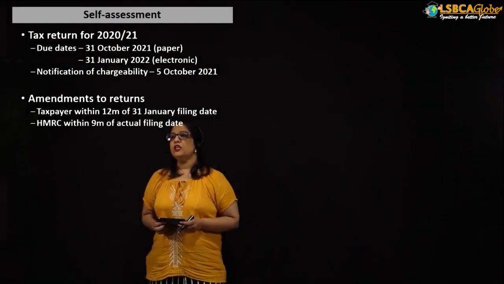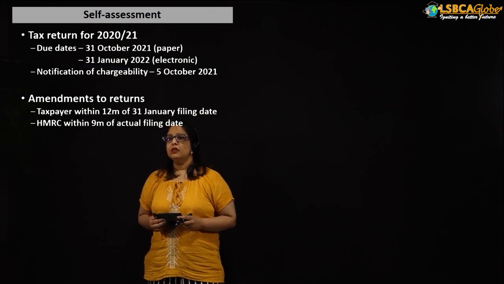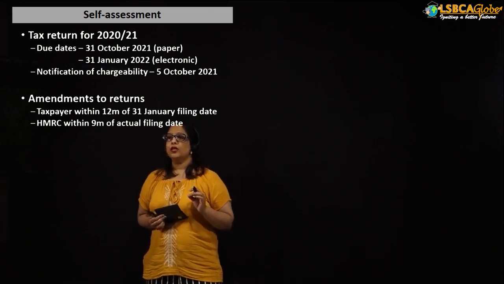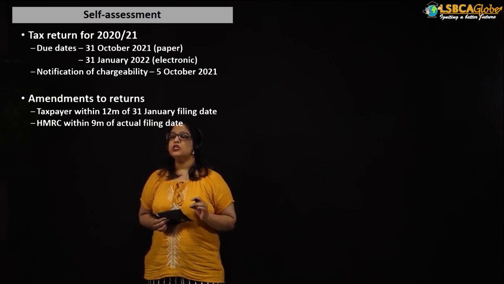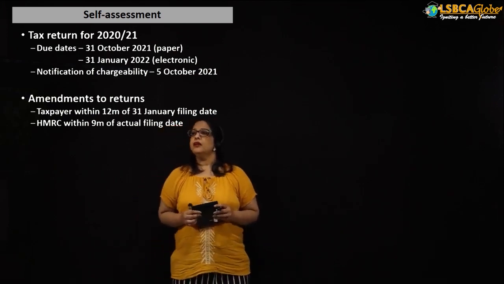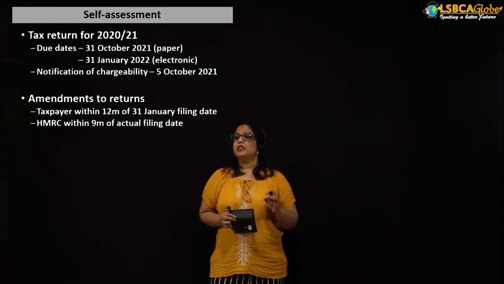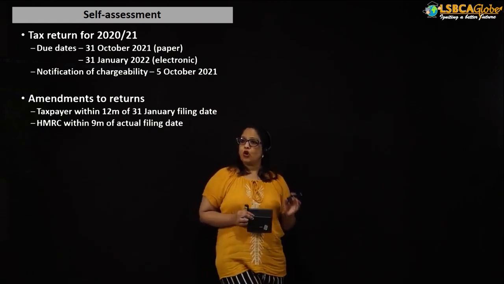Now class, if I talk about the tax return for 2021, the due date of the return is 31st October 21 if it is paper based, and 31st January 22 if it is electronic.